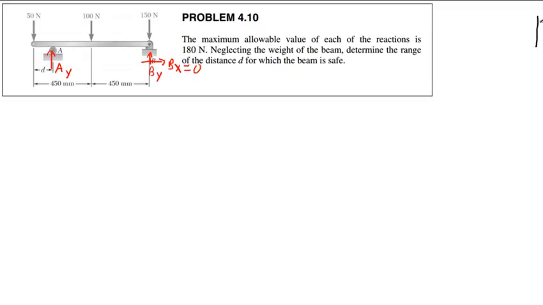What if you have a roller on a vertical surface? You have a beam, like an L-shaped bracket, and then a roller here. Here you would have only an X, but not a Y. But anyway, let's look at this.